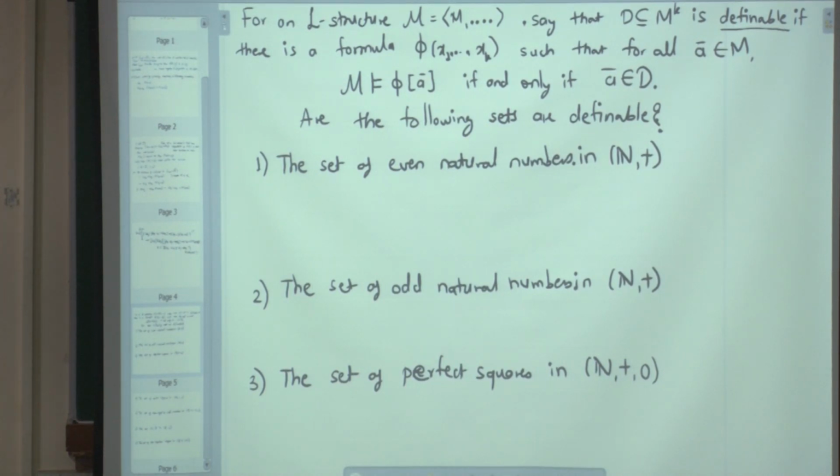So let us read. If you are given a language L and you are given an L structure M, say that D subset of M to the power k, arbitrary power k is okay, is definable if there is a formula phi in k free variables, I mean context is k variables, such that for all tuples of length k, a bar belongs to D, it is in our definable set, if and only if phi is true in M at a bar.